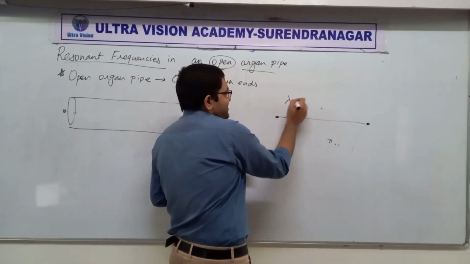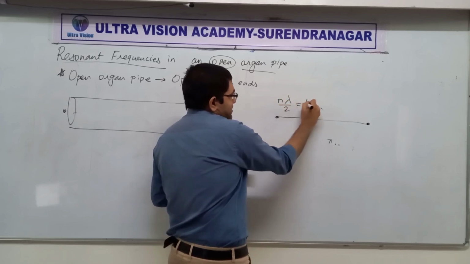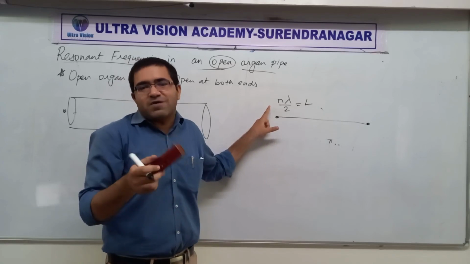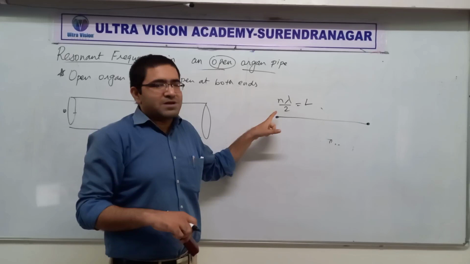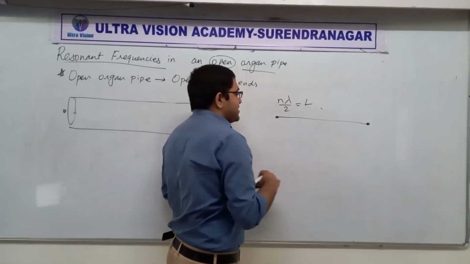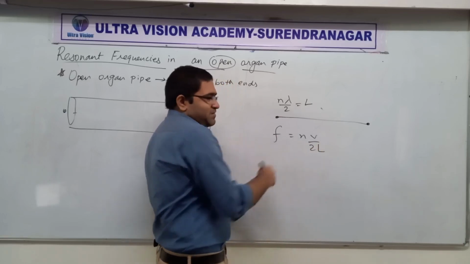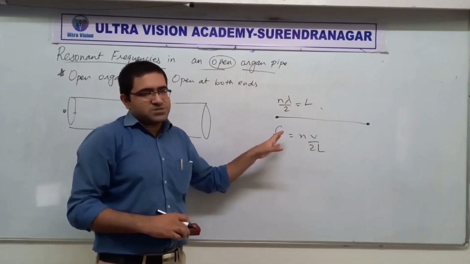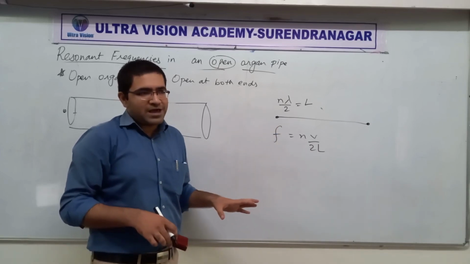Because wavelength and length of that string should follow this relation, correct or not? If this relation is not followed, then standing waves cannot be generated. Basically, only then resonance will occur. So based on that, we got a list of frequencies that follows this pattern. That's what we have just finished. So only these frequencies can generate standing waves, others cannot.